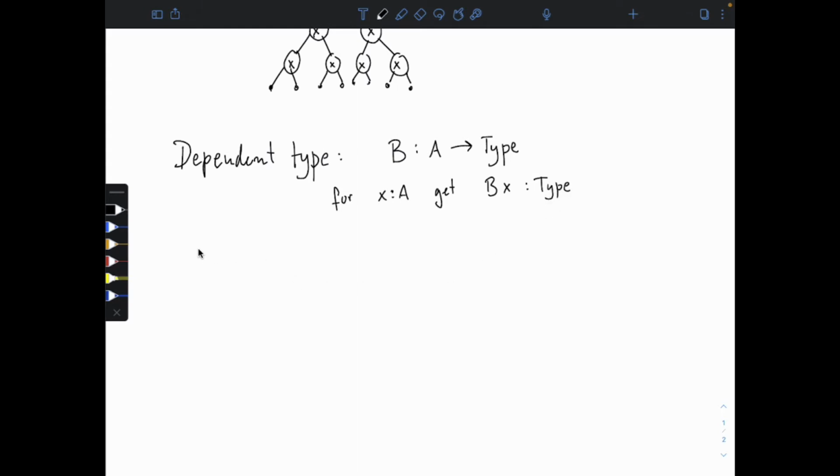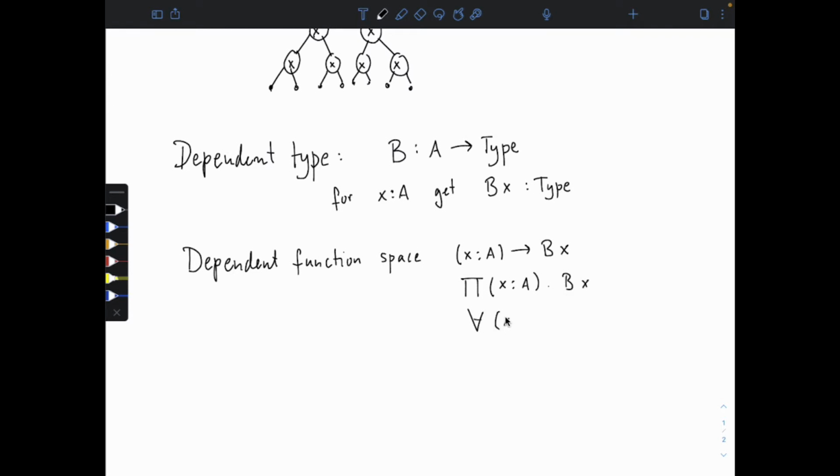And we already saw the thing that we call dependent function space, which in Agda is written like this. But it's also written like this, or some variant of it. And it's even written like this sometimes.